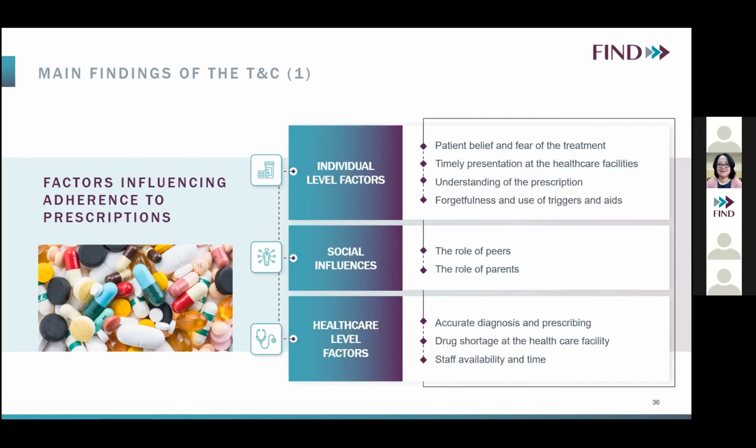There is also the understanding of the prescription, because sometimes patients do not understand when they have to take the medication and how much per day. The last point is forgetfulness and the use of triggers and aids.